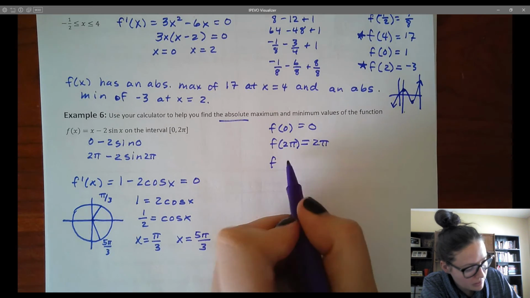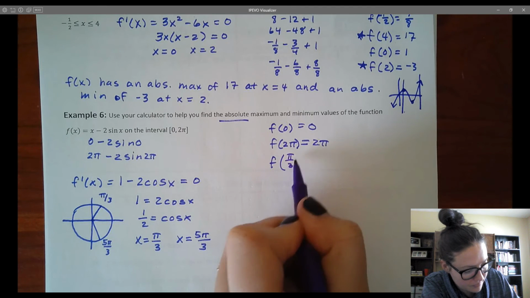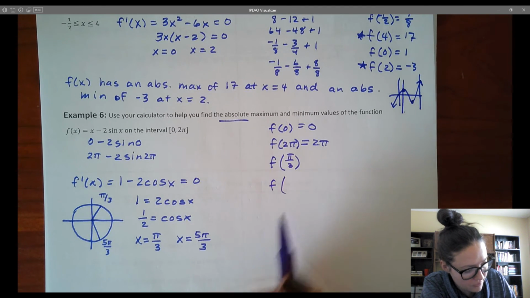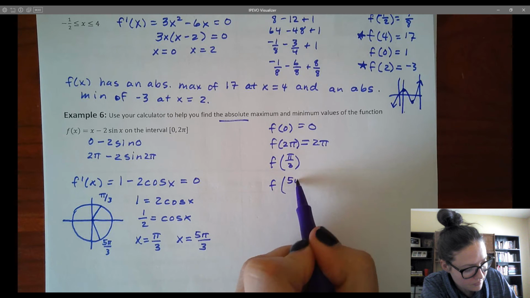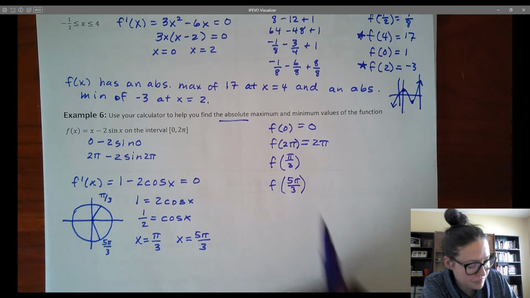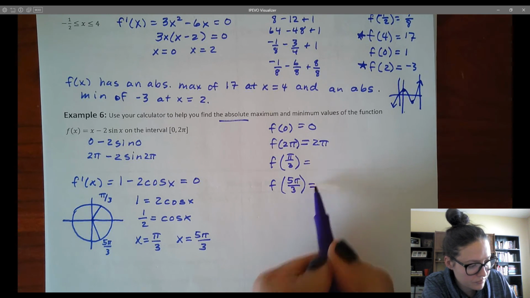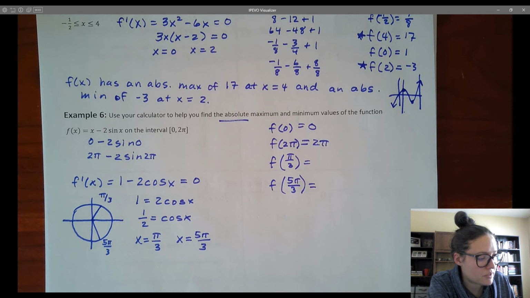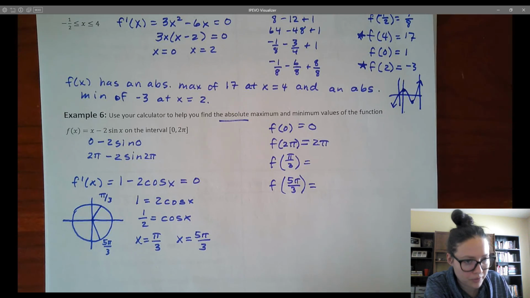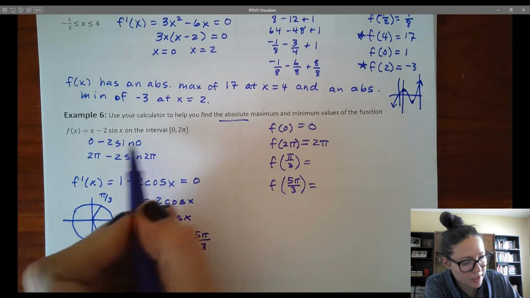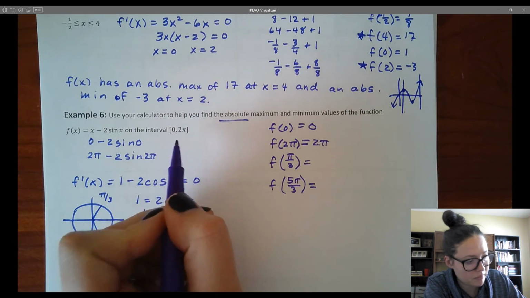Okay, so f of pi over 3 means that I'm going to have pi over 3 minus 2 times sine of pi over 3, which is square root of 3 over 2. Now, I don't quite know what that value is. I don't know about you.